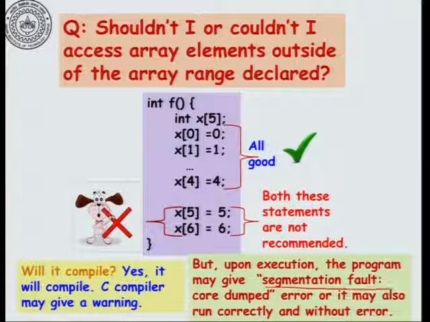So we will see this error in greater detail when we understand something called pointers, but in general, when you exceed the bounds of the array, okay, when you go beyond the locations permissible in the array, your code may crash, and the code will crash usually with the error segmentation fault. Okay.